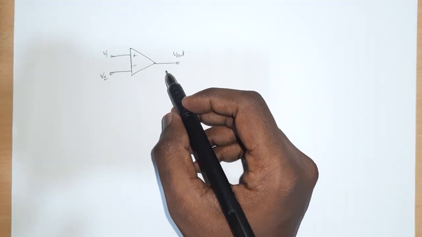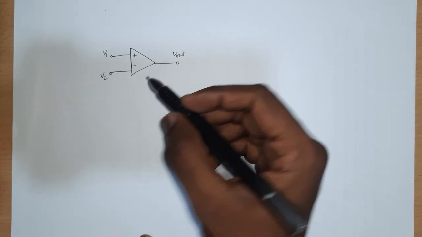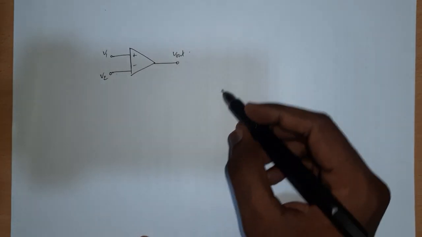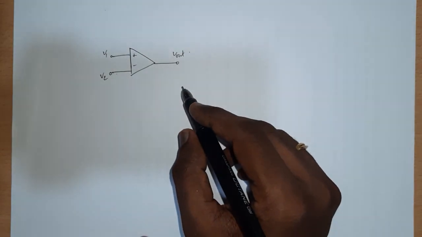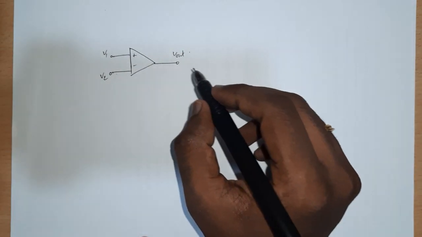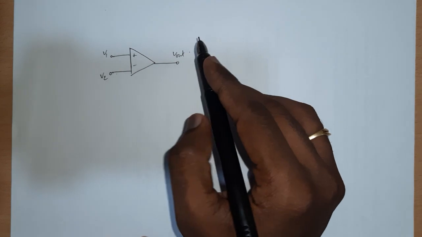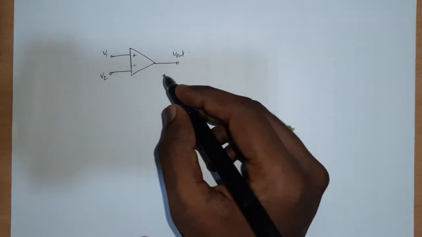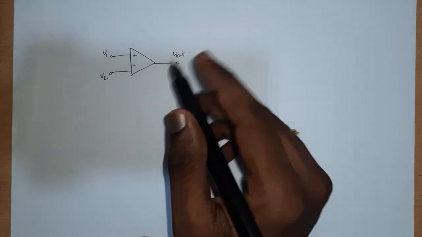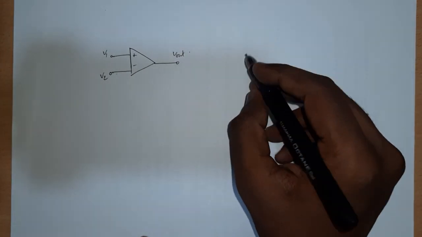Say V1 will take one input and V2 will take another input, and then you will get some output at the V out. And of course you will have feedback around the op-amp, and we have seen different types of circuits. In particular we have seen the voltage control voltage source using op-amp, and the current control voltage source using op-amp. We have seen it in detail.